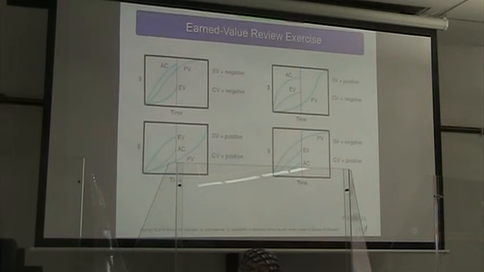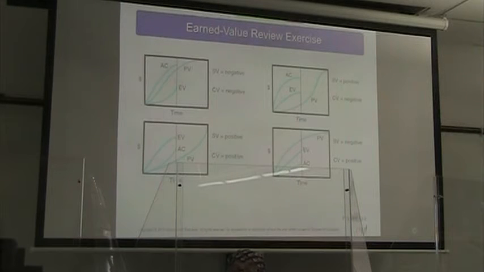We see a situation where our schedule variance is negative and our cost variance is negative. In the upper right-hand corner, we see a graph where we have a positive schedule variance, but we still have a negative cost variance.